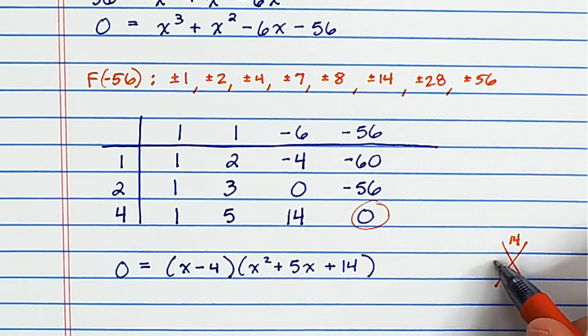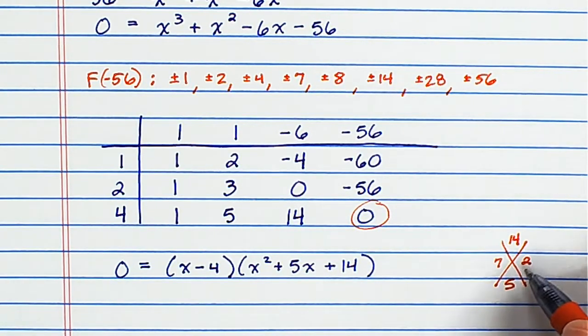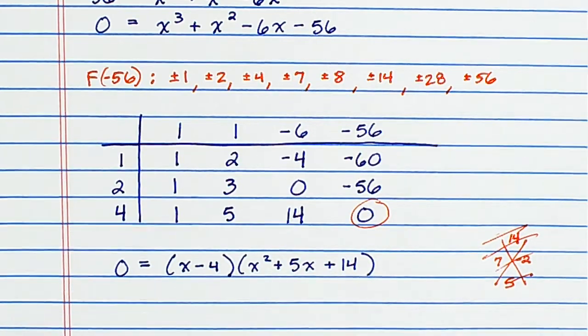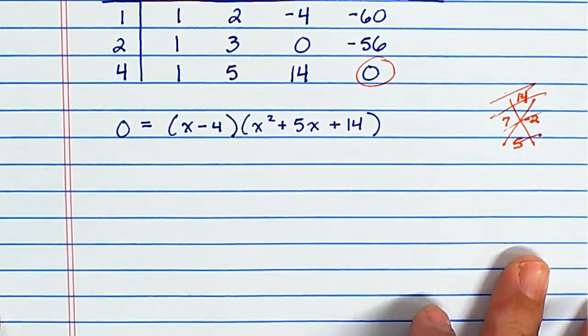I know it seems like 7 and 2, but 7 plus 2 is 9. And if I say 7 and negative 2, 7 times negative 2 is negative 14. So none of this actually works, which means for me to solve this part, I'm going to have to use the quadratic formula.